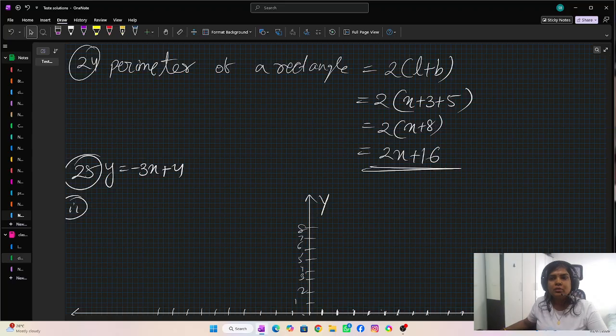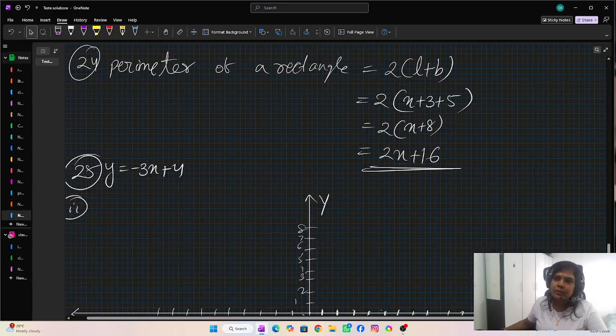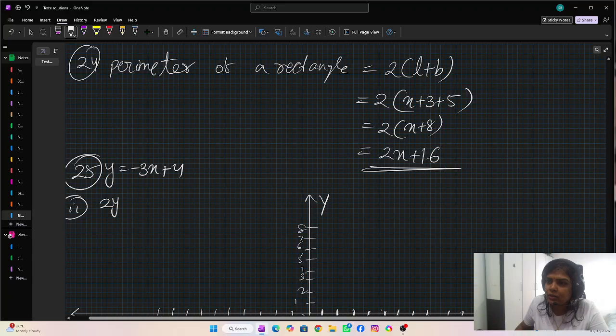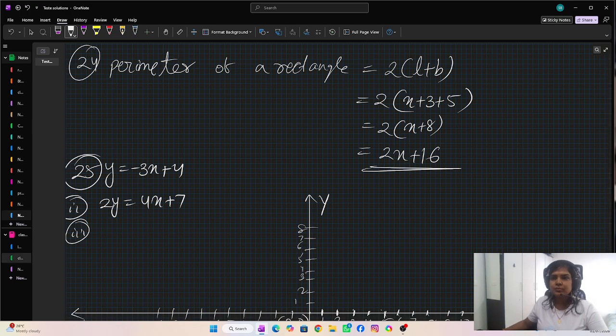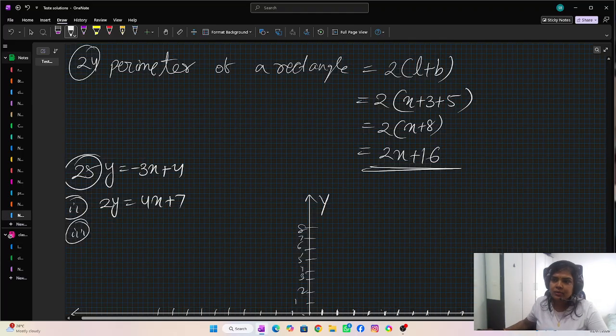The second equation: 2y is equal to 4x plus 7. And the third part is 5y is equal to 6x minus 10.